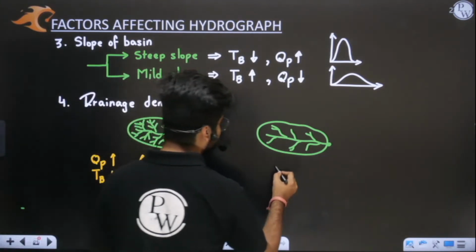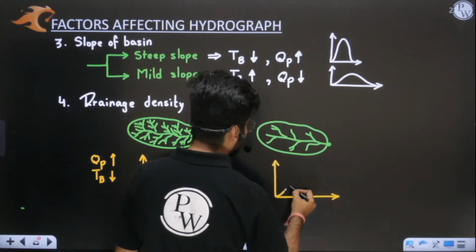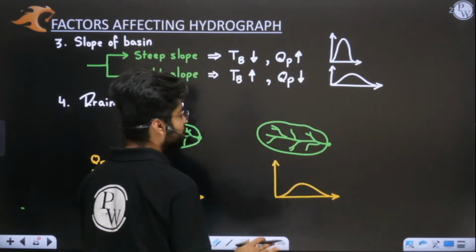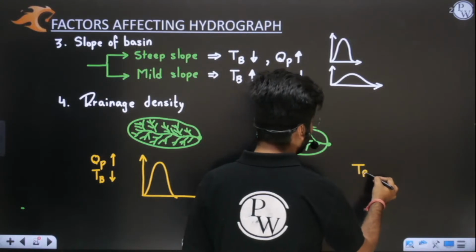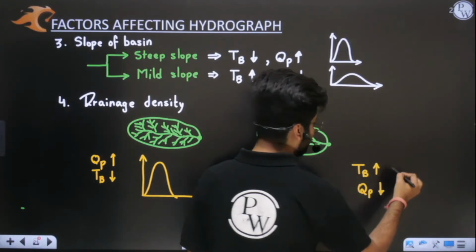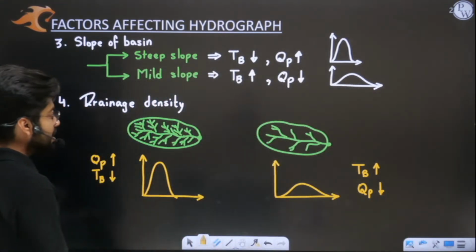And here, sir, since drains are less, water will take too much of time to drain off, and peak will be less. Yes or no? Why, sir? It will take too much of time.